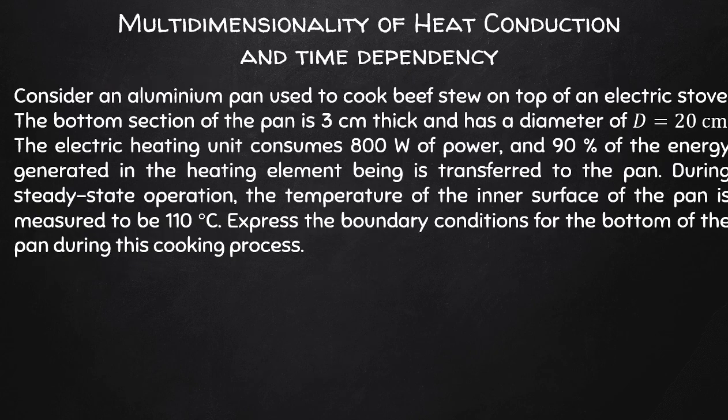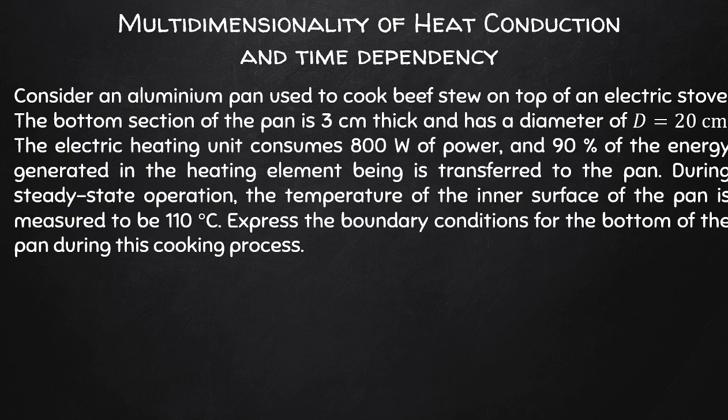In this example here, we are told that we have an aluminium pot, aluminum if you're American, and the aluminium pot is being heated on an electric stove. We are given the dimension of the base of the pot, and we are also told the wattage of heat, and we are also given the efficiency of heat transfer from the source to the pot itself.